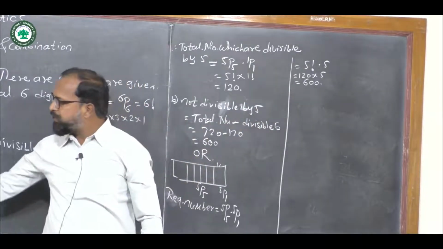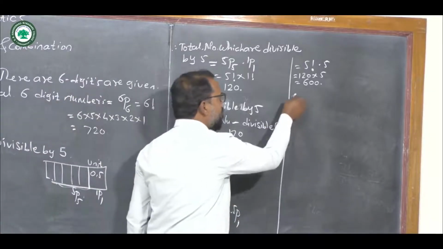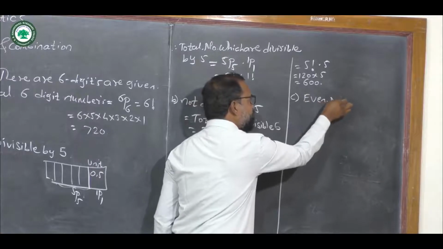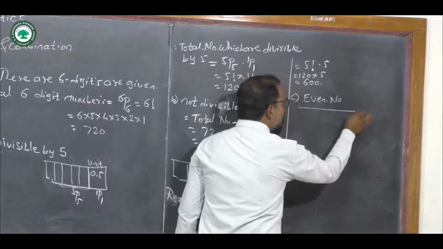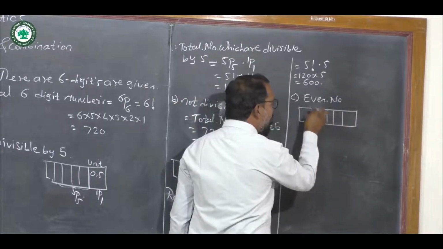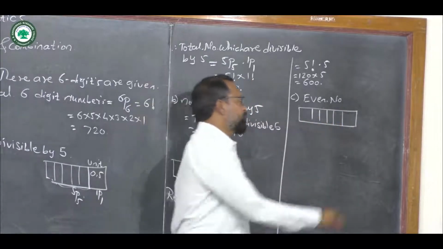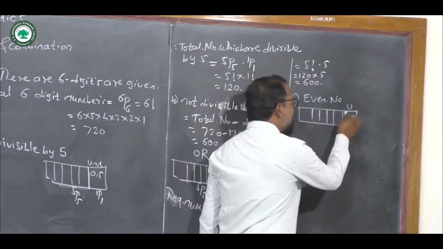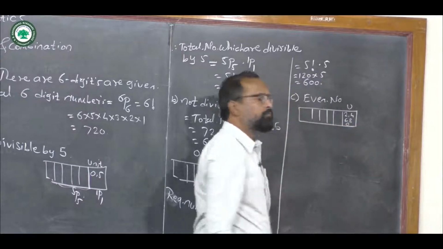Now if we consider the third case, that is the even numbers. So number C, suppose even numbers. Now again we know that any number is even only if its unit place contains a digit 2, 4, 6, 8 or 0.